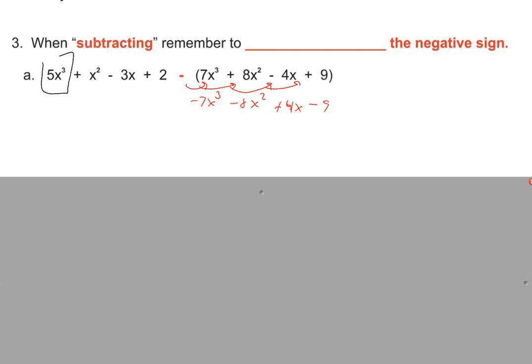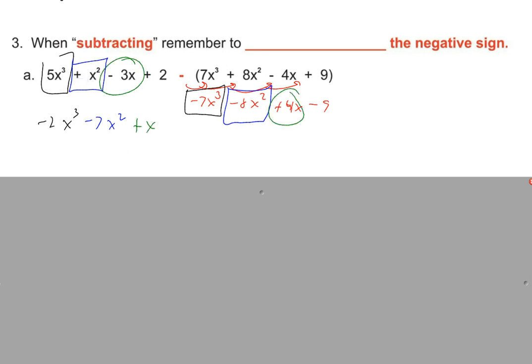So 5 of them minus 7 of them is a negative 2 of them. 1 of them minus 8 of them is a negative 7 of them. Negative 3 of them and a positive 4 of them is 1 of them. And I'm not going to put the 1 there, of course, because I don't want people to snicker and laugh at me. And positive 2 and a negative 9 is a negative 7.